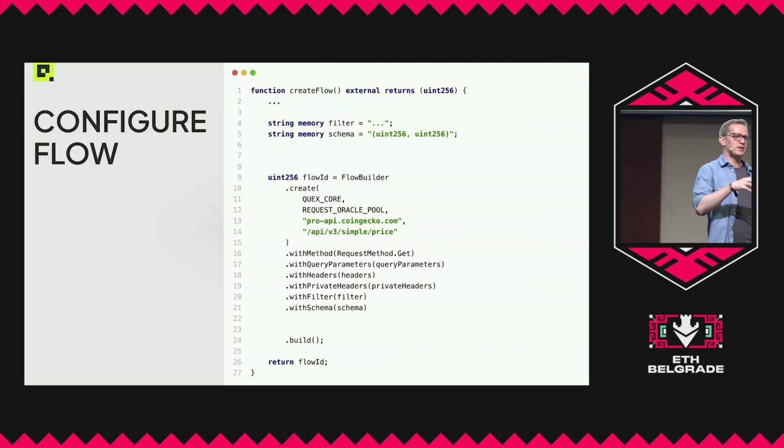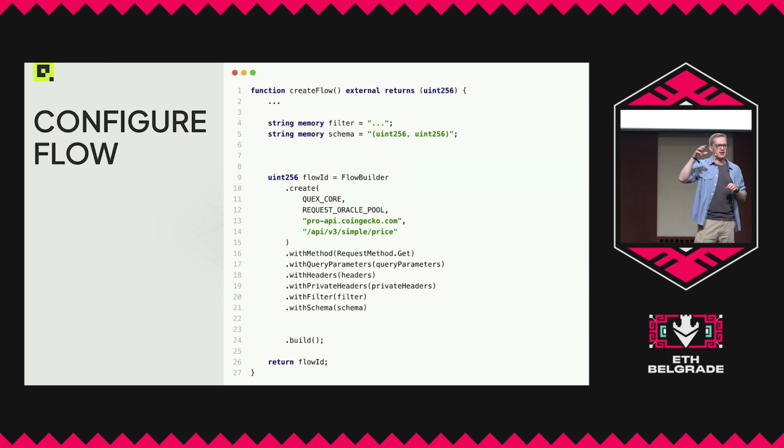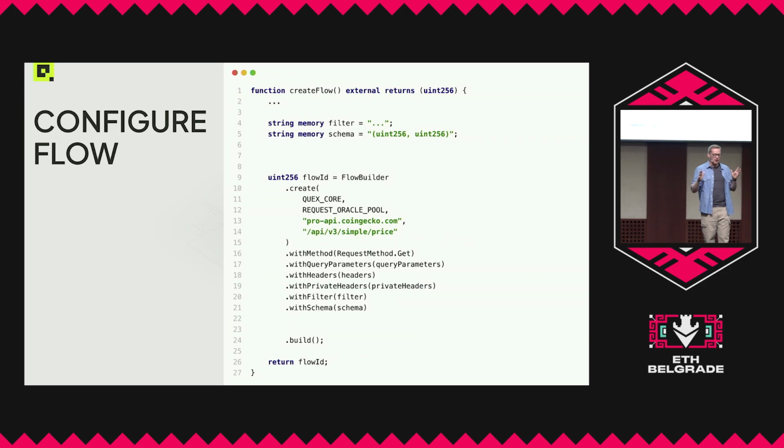Right now it's an HTTPS request with jq post-processing and ABI encoding. But once again, if you have some ideas of what else can be done on TEE technology, you can wrap this into a virtual machine and it can be run on this technology.